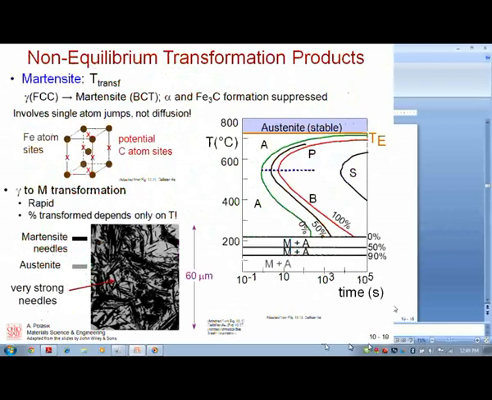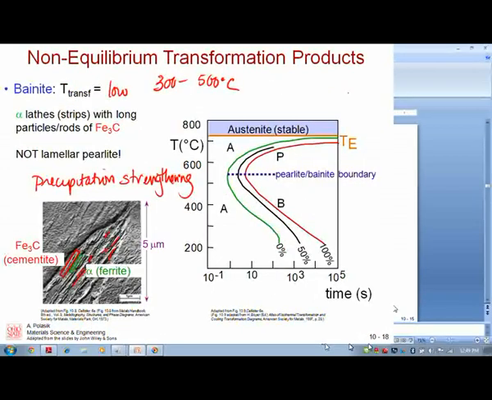So the point I want to make finally with both perlite and bainite, they're both equilibrium phases. So nothing is going to happen to the microstructure when we cool it back down. Okay? And there's still nucleation and growth phenomena. There's still a diffusional process.